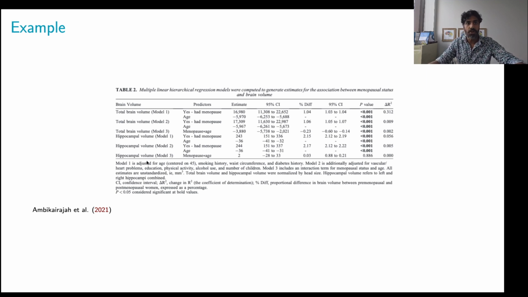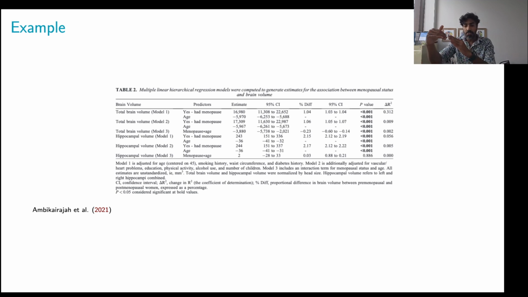So model 1 is adjusted for age. Age is centered on 45. Remember I said that it doesn't make sense to interpret the intercept where x equals 0 if it's not meaningful or interpretable, or if data hasn't been collected. In this study, the UK Biobank study, they included women from 45 years and up. So for me, it didn't make sense to have the regression model extrapolate all the way to 0.